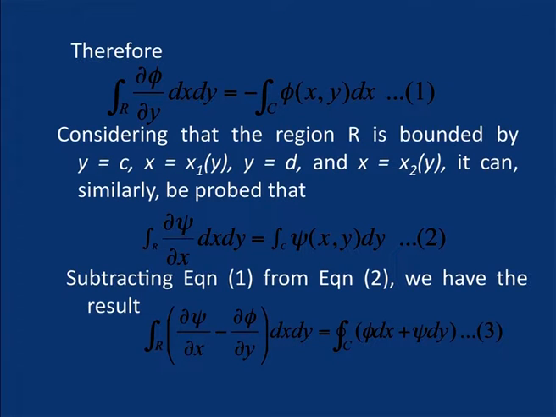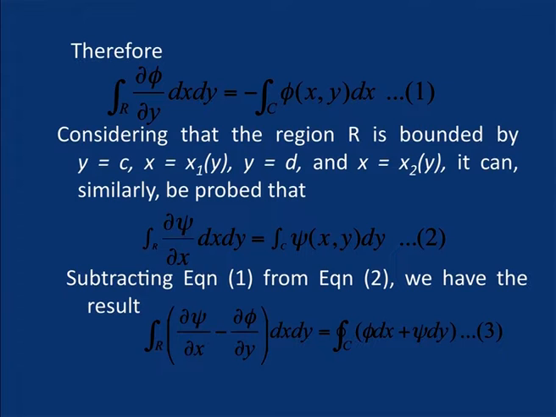Considering that the region R is bounded by the curves y equal to c, x equal to x1, y equal to d, x equal to x2, it can similarly be proved that the integral over R of del psi over del x dx dy is equal to the integral over C of psi(x,y) dy.